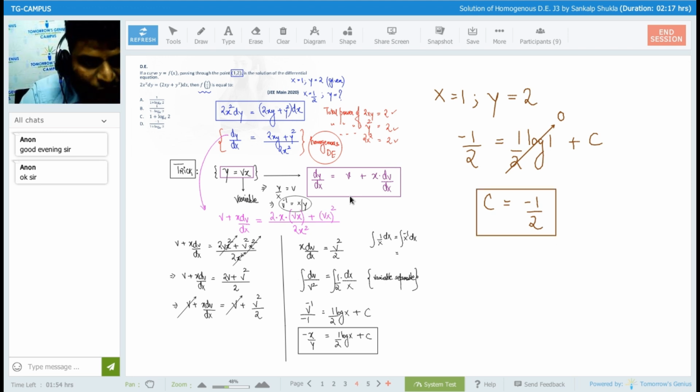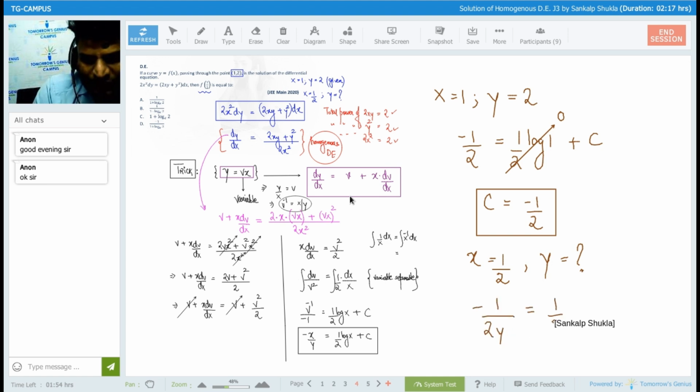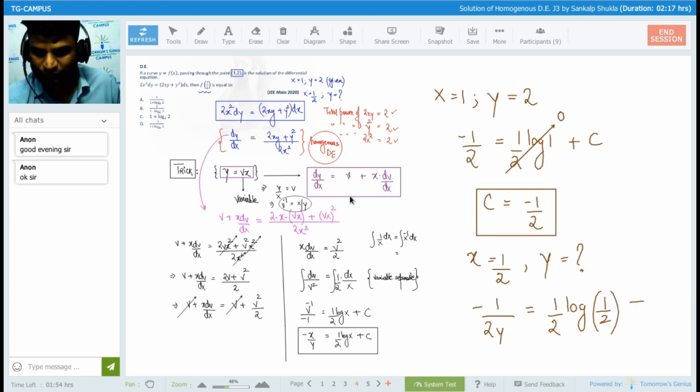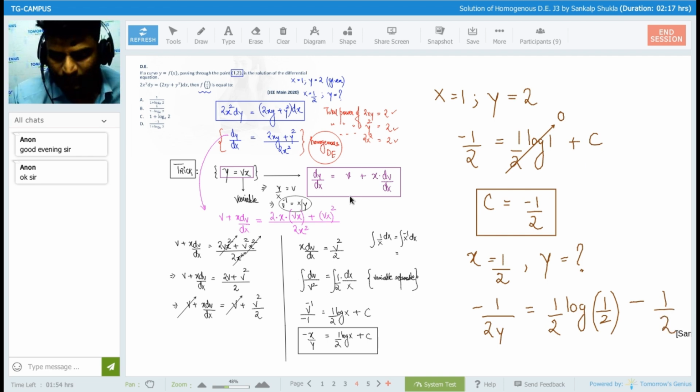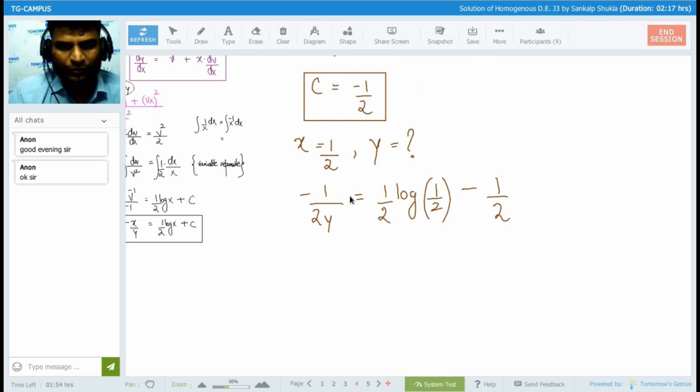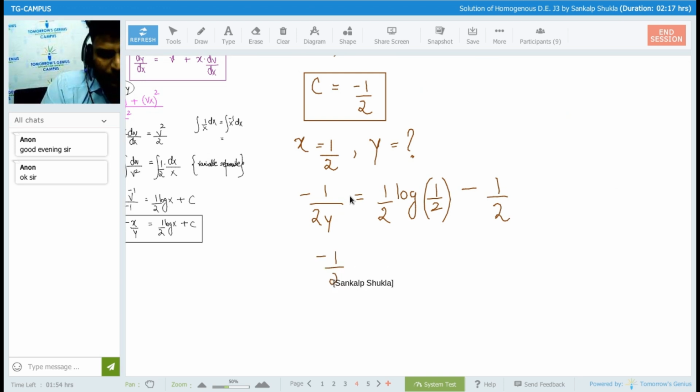Now you have to find f of 1 by 2. So you have to put the value of x to be 1 by 2. So when x is 1 by 2, you have to find y. So minus of 1 by 2 y is equals to 1 by 2 log 1 by 2 plus minus 1 by 2. Okay, so I think we can take minus 1 by 2 as common.